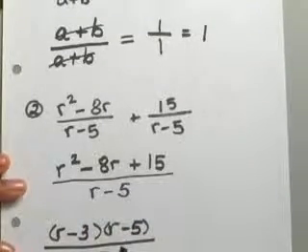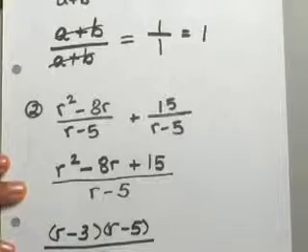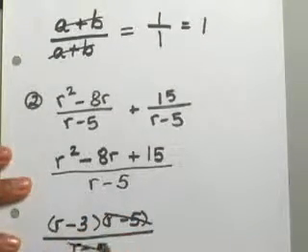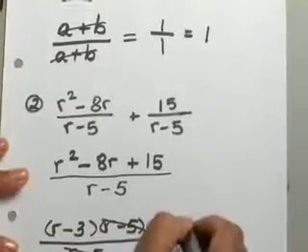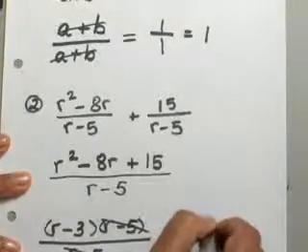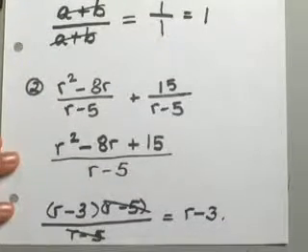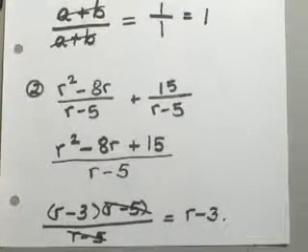So factor your numerator, we still keep our same denominator, and once you start reducing it, you will see that the r minus 5 cancels out, and in lowest terms this addition will be r minus 3. Okay, and there you have it. That will be the solution to our second problem here.